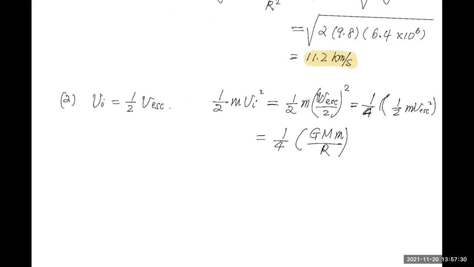So now let us again use the conservation of energy. So set again E initial equal to E final. Okay, so this time E initial is again K initial plus U initial. K initial is right here.